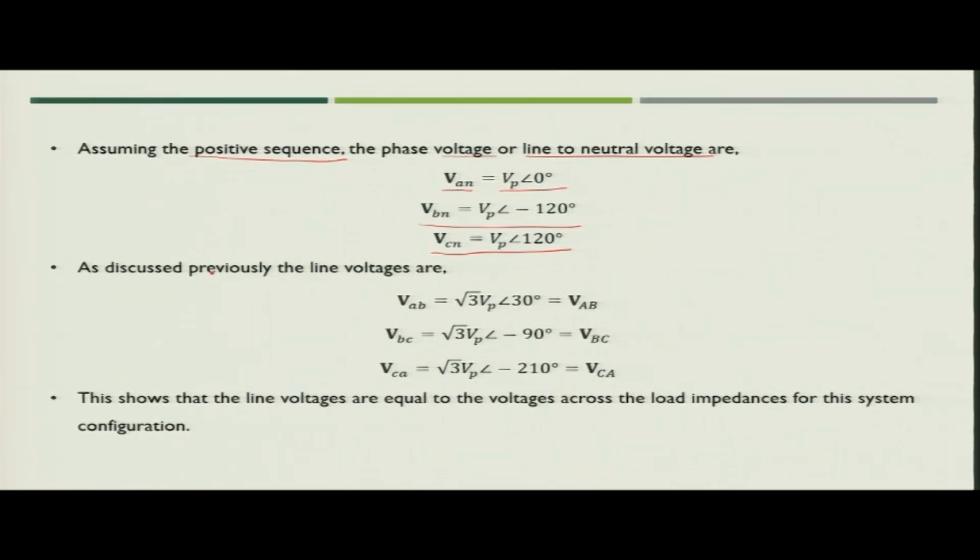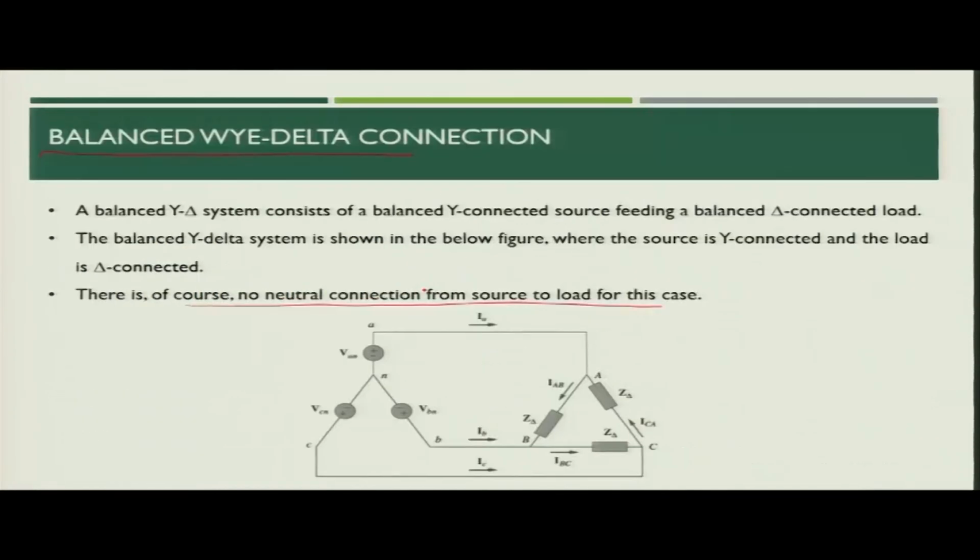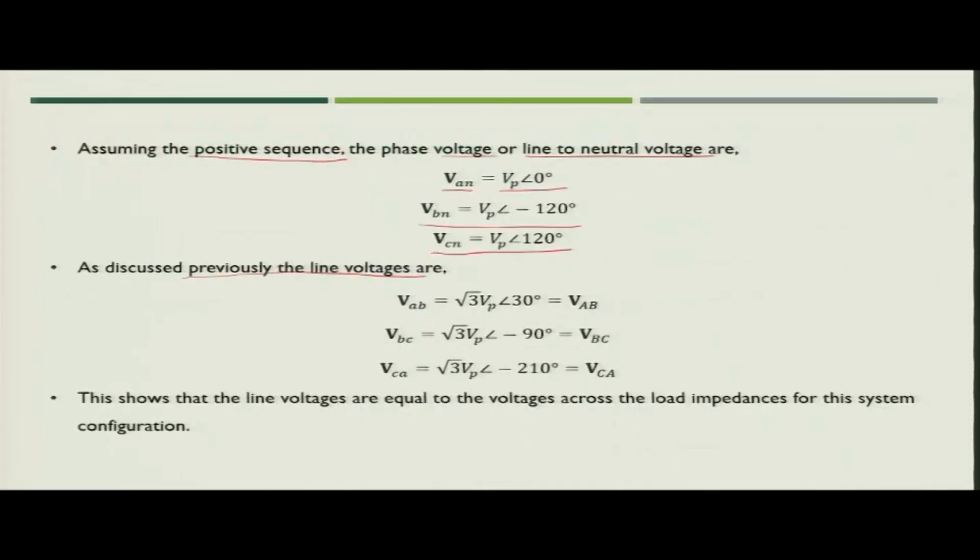When we discussed the star-star connection, we discussed the phase voltage as well as the line voltage. In this case also, since the source is star connected, the line voltage VAB, as we derived, will be root 3 VP angle 30 degree.